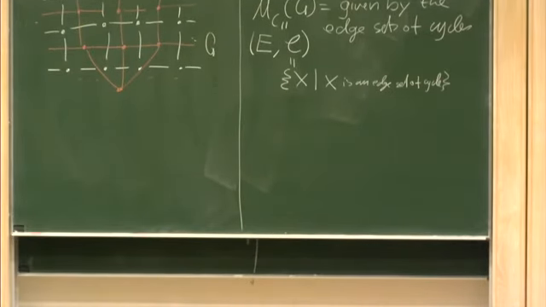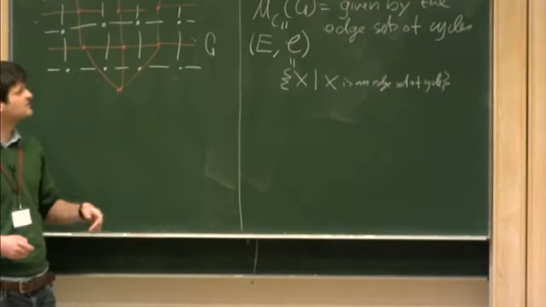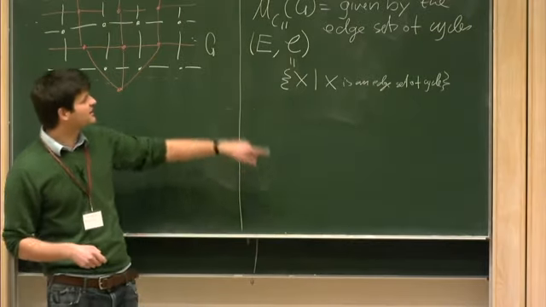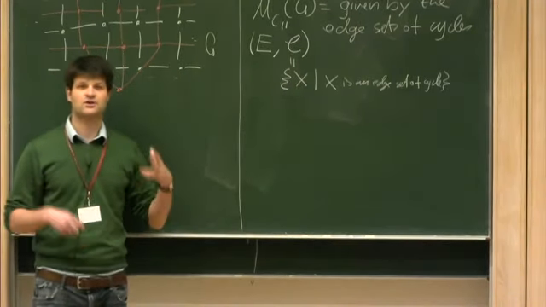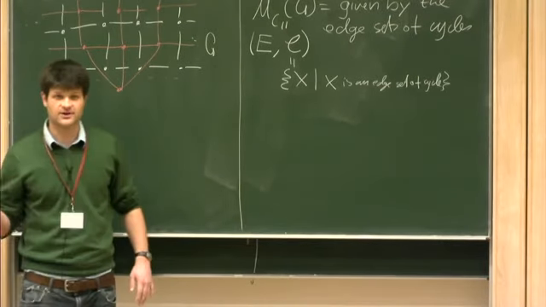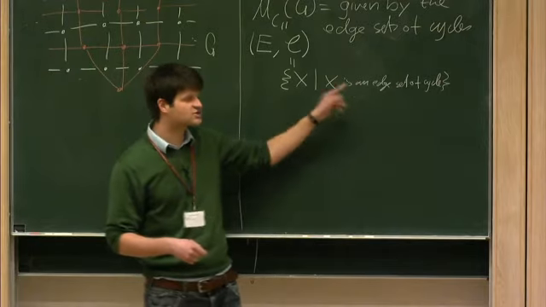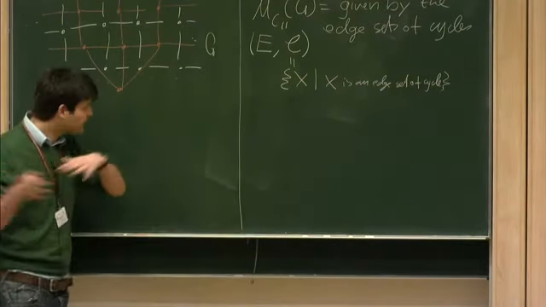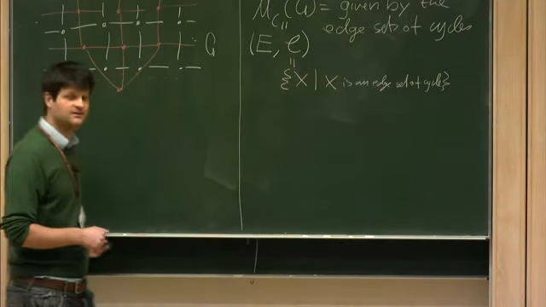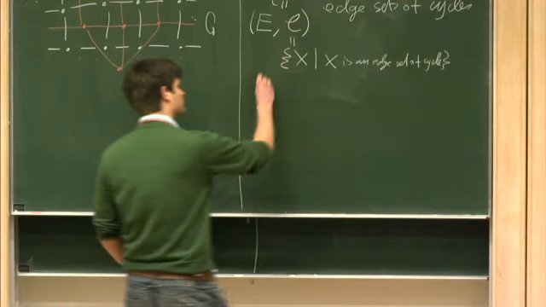Okay, so that's the cycle matroid, and the important thing is that Whitney showed that from this information alone you can reconstruct the graph, as long as it is sufficiently connected. This is a bit surprising because we do not store the information in which cyclic order the edges appear on a cycle, but somehow it's encoded in here and we can reconstruct it.